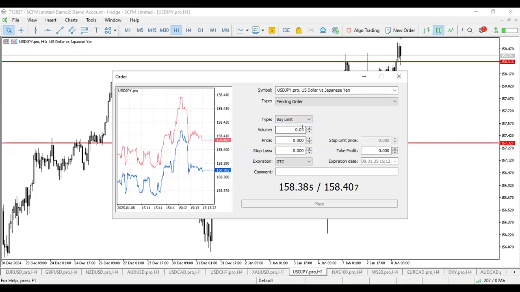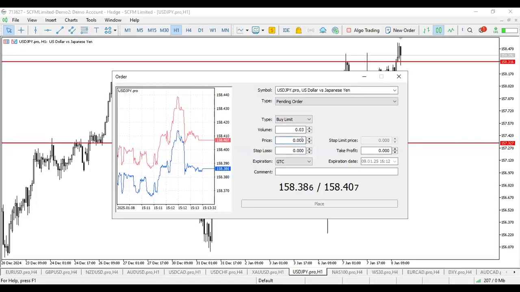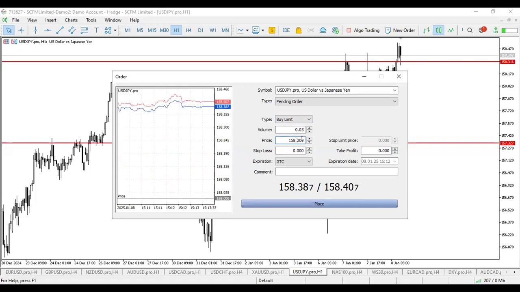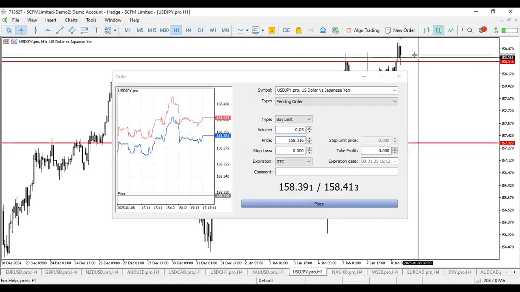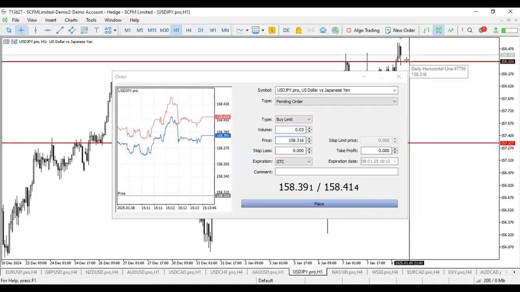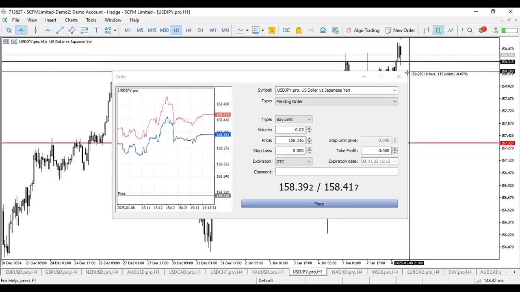Now I will use a volume of 0.03. Then price, I'll put it at 158.316. Then the stop loss is meant to limit your losses. Anytime you've deposited funds into an account, you're not trading with the whole amount, you're trading with a fraction of that amount.